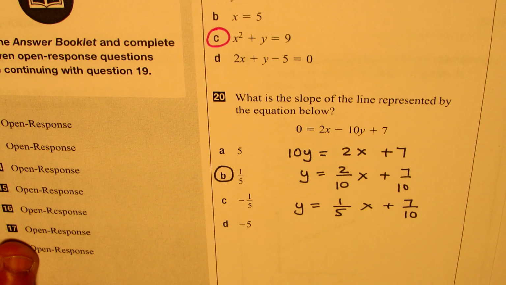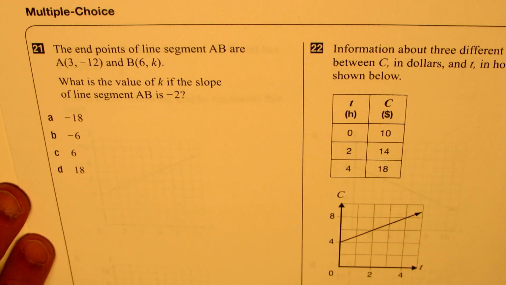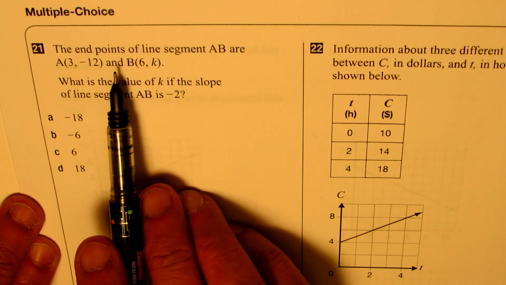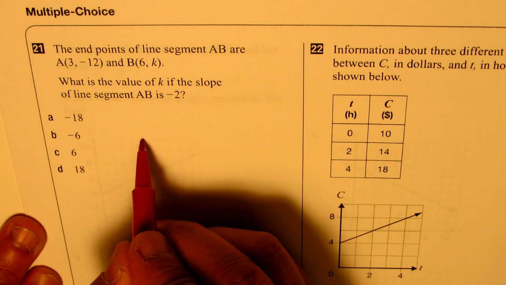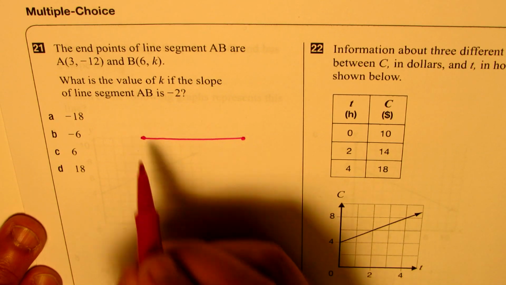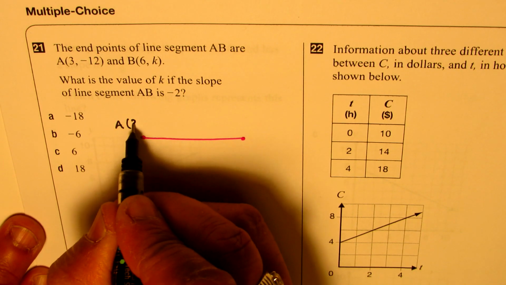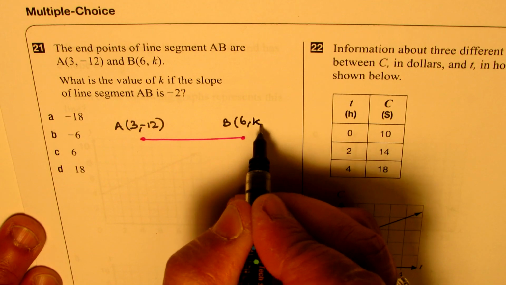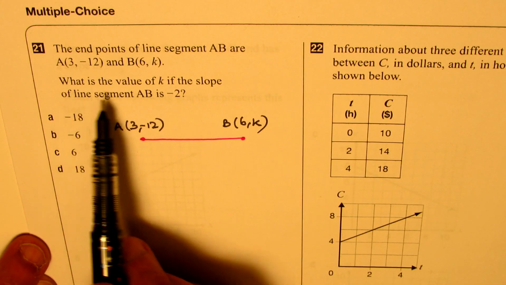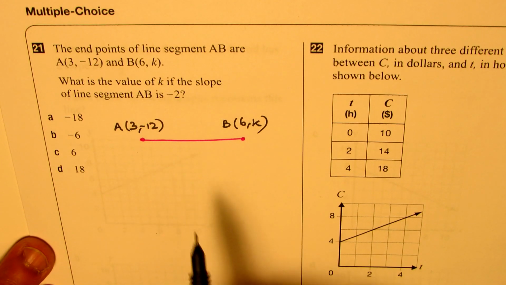Now let's take the next question, which is question number 21. The endpoints of a line segment AB are, let's say this is the line segment, right? So we are given the endpoints as A, which is (3, -12), and B, which is (6, k). What is the value of k if the slope of the line segment is minus 2?